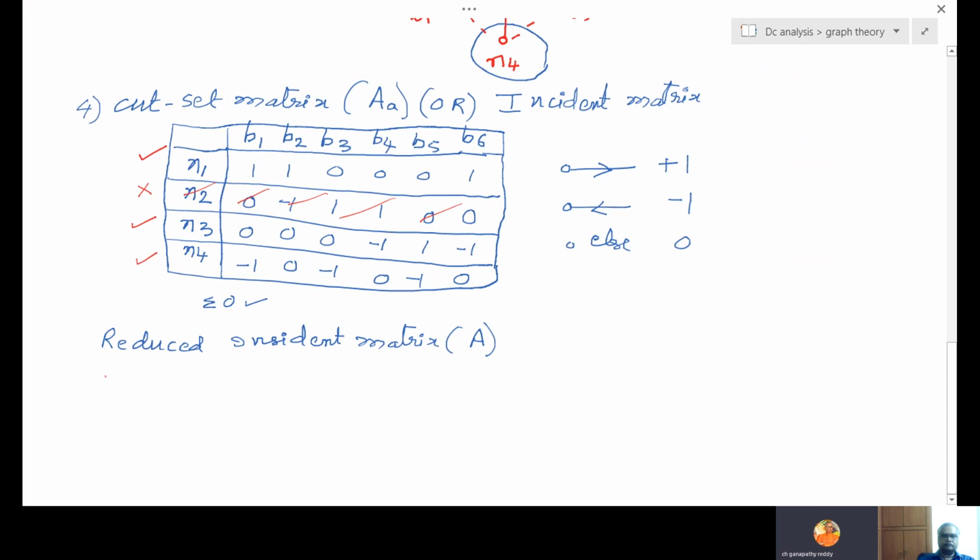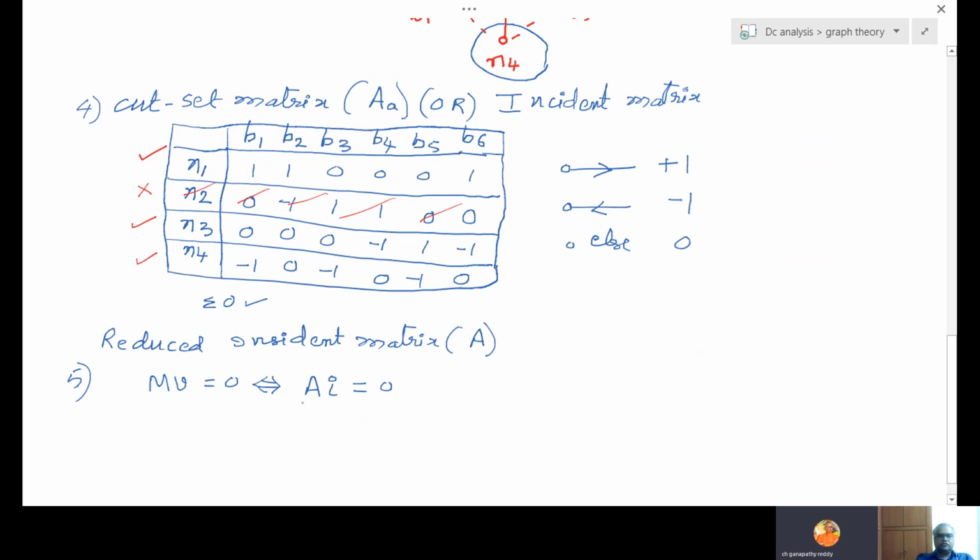Fifth one, similar to previous, what we got, MV equal to 0. Here M is changed to A, V is changed to I, because these two are dual to each other. Voltage is changed to current.